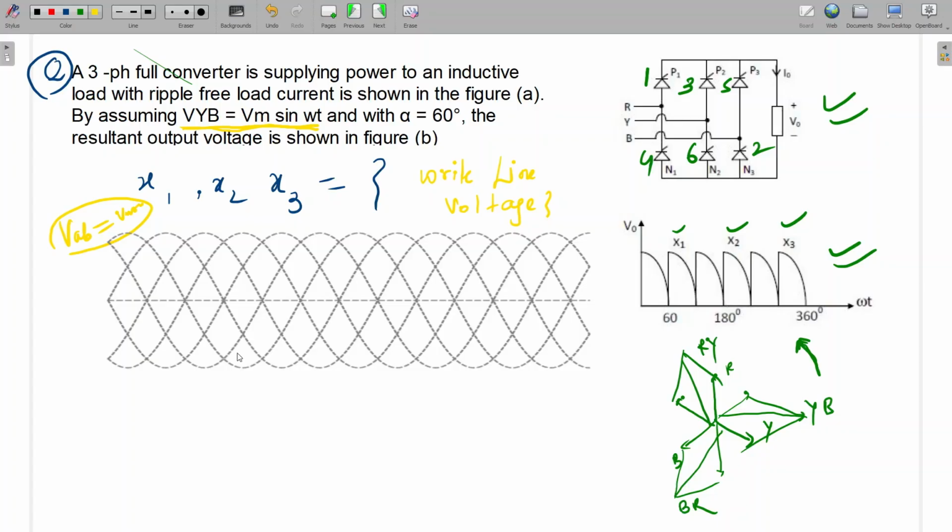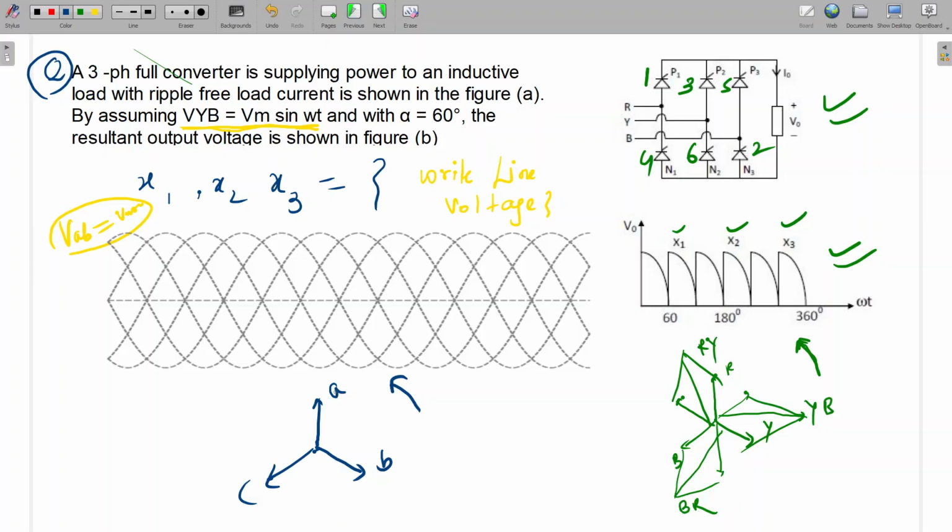The reference we normally take is the phase value. If nothing is given as reference, the phase will be considered as the reference value. So this is the phase value. What is the phase sequence? A, B, C, and the phasor will rotate in this direction with omega. What will be VAB?